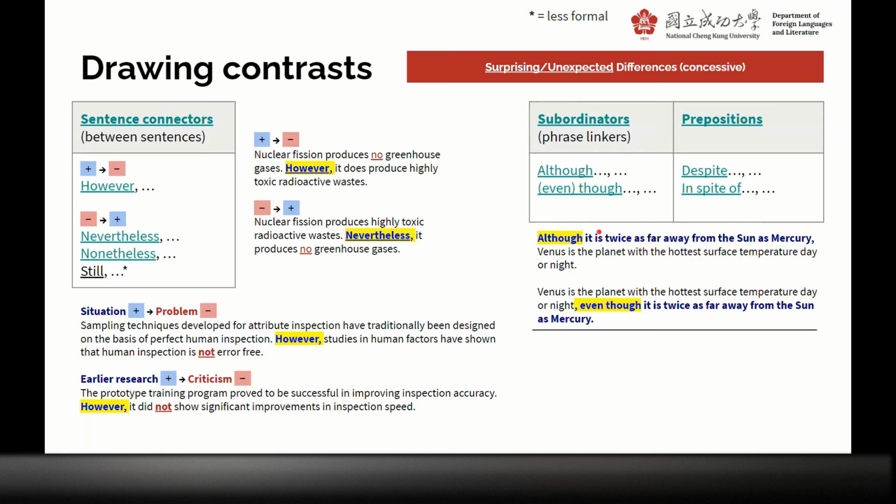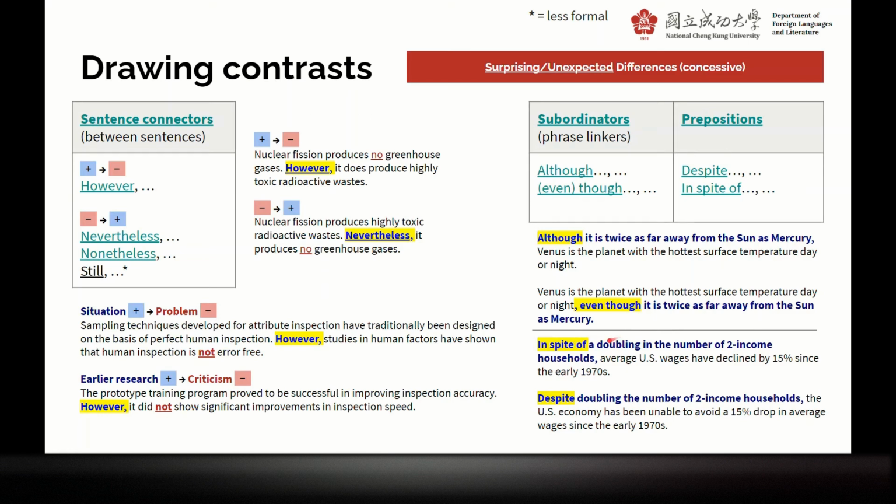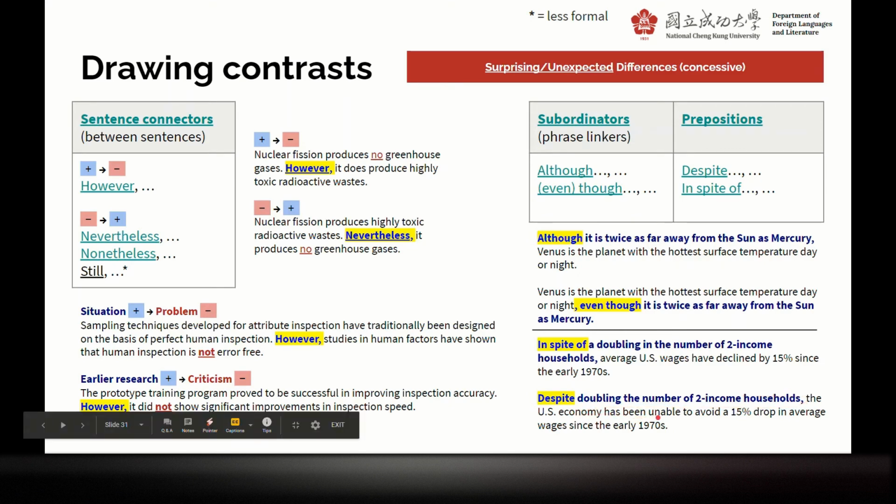So although point 1, comma, point 2, and you can actually switch it around too. So point 1, even though point 2. And prepositions. So in spite of fact 1, fact 2. Despite point 1, point 2.